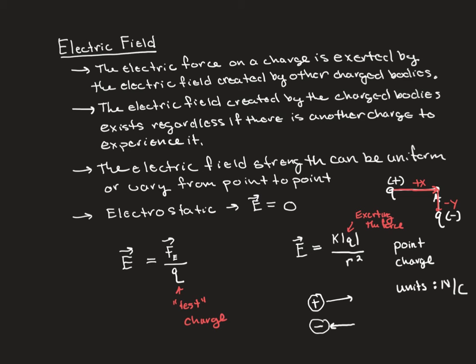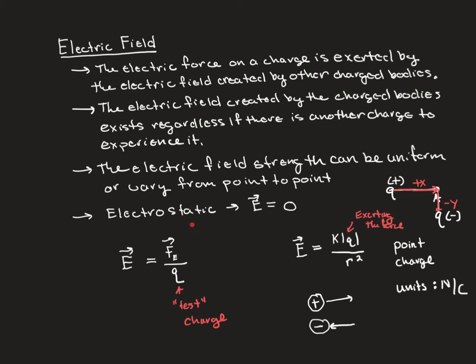The further away you get from the charge that is exerting the force or creating the electric field, the more the electric field strength decreases. So it's not uniform. There's a distance dependence. We're going to talk in topic 22 about some charge distributions that do lead to a uniform field. So no matter the distance from the distribution of charge, the field strength is going to be the same.